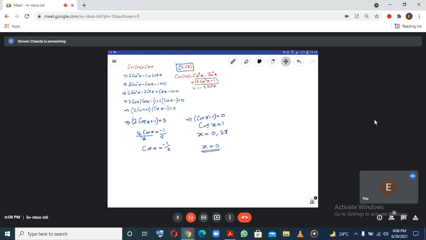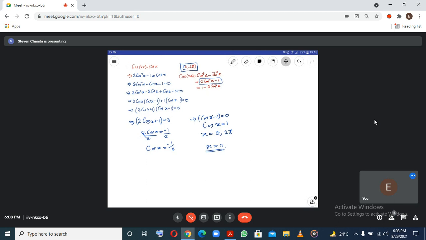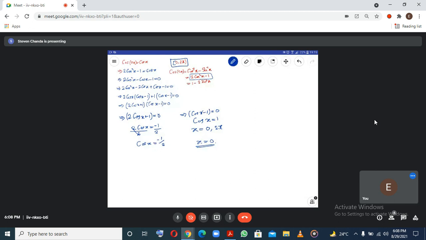So now, what's negative half? For this kind of question, what is x going to be?